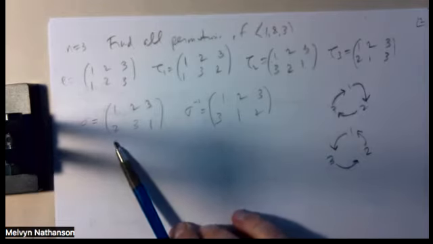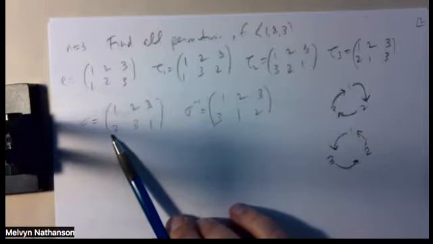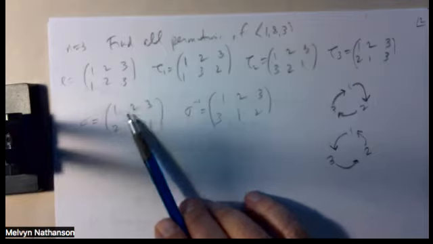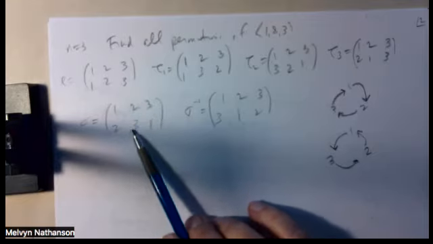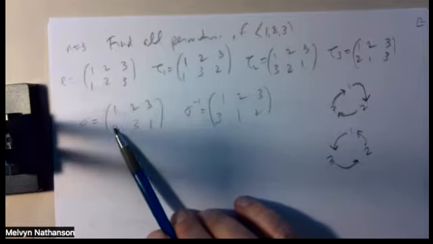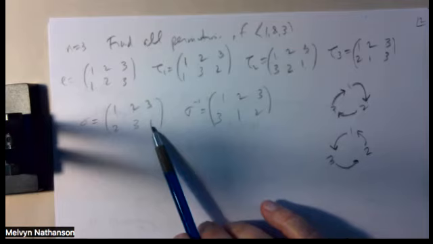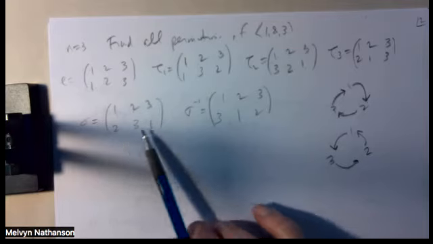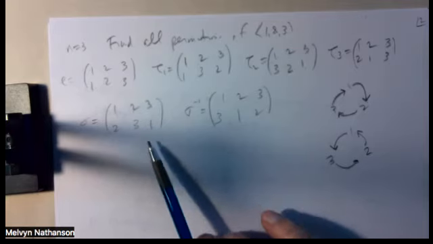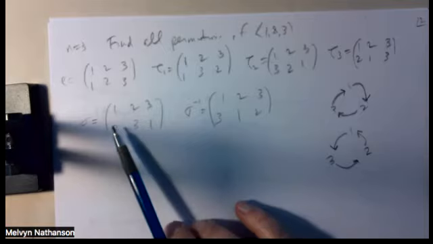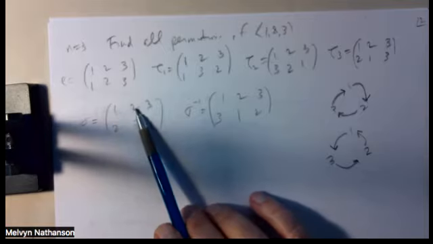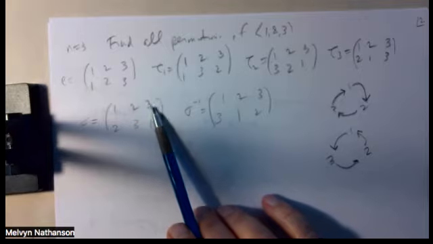Then 2 can't go to the same place that 1 went to, because a permutation is 1 to 1. So you have 2 choices for where you can send 2. And once you've picked where 1 and 2 go, there's only 1 element left, and that's where 3 has to go. So the total number of permutations of 1, 2, and 3 is 6. You have 3 choices for 1, then 2 choices for 2, and then absolutely no choice for 3. It's fixed.